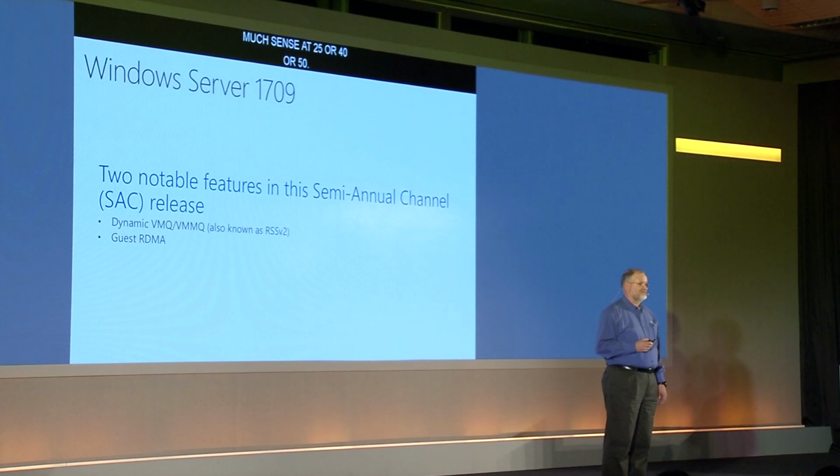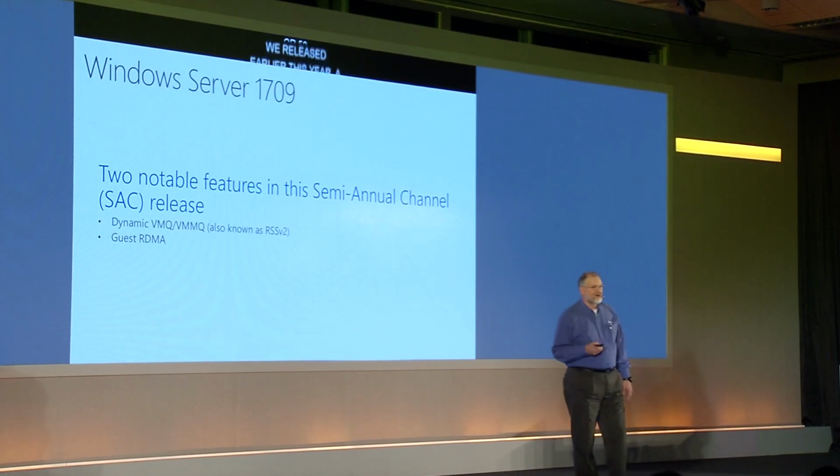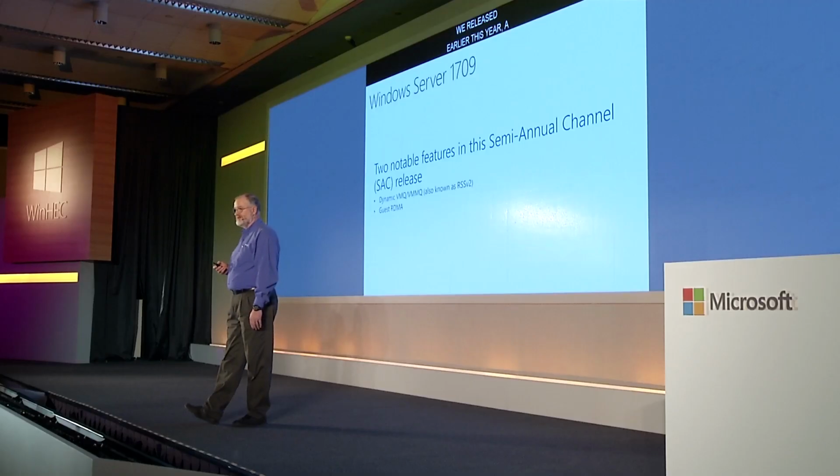We released, a couple of months ago, earlier this year, Windows Server version 1709. It's in our semi-annual channel. It's available for download, and you can play with it. It's got a couple of new features in it that will be there as well when we get to our next long-term servicing channel.